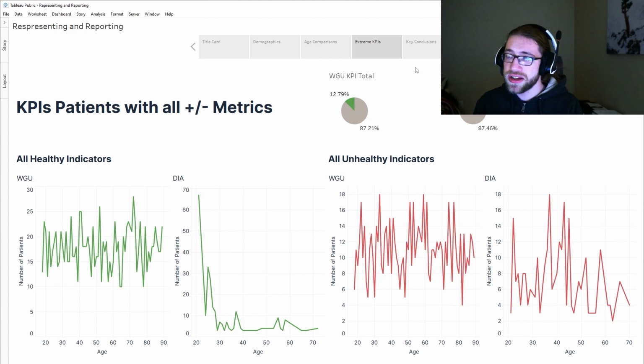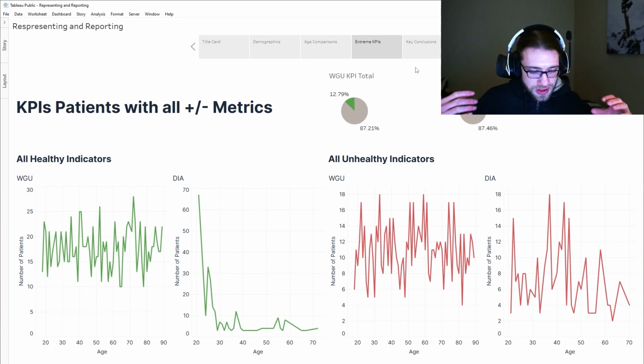And then also, how many of our patients are on the extreme of the unhealthy side? How many are overweight, do have diabetes, and do have high blood pressure? Because by seeing and comparing these extremes, we'll have a better idea of the overall health of our data set and our patients.